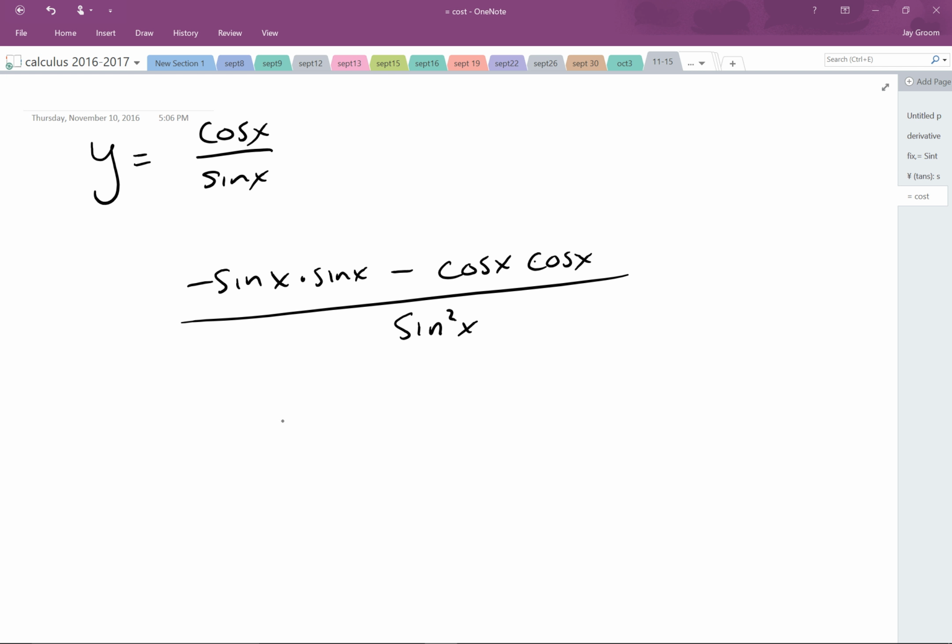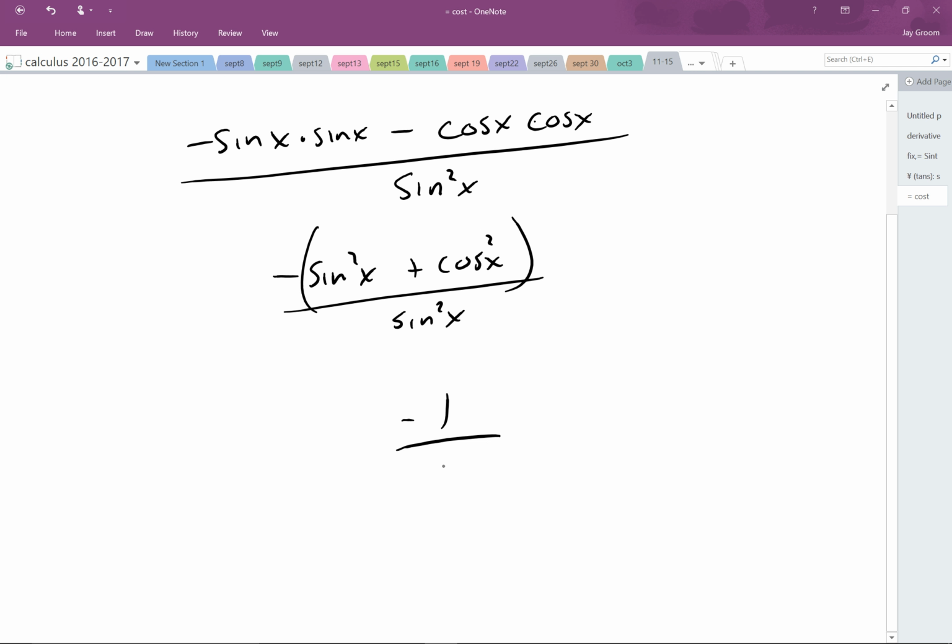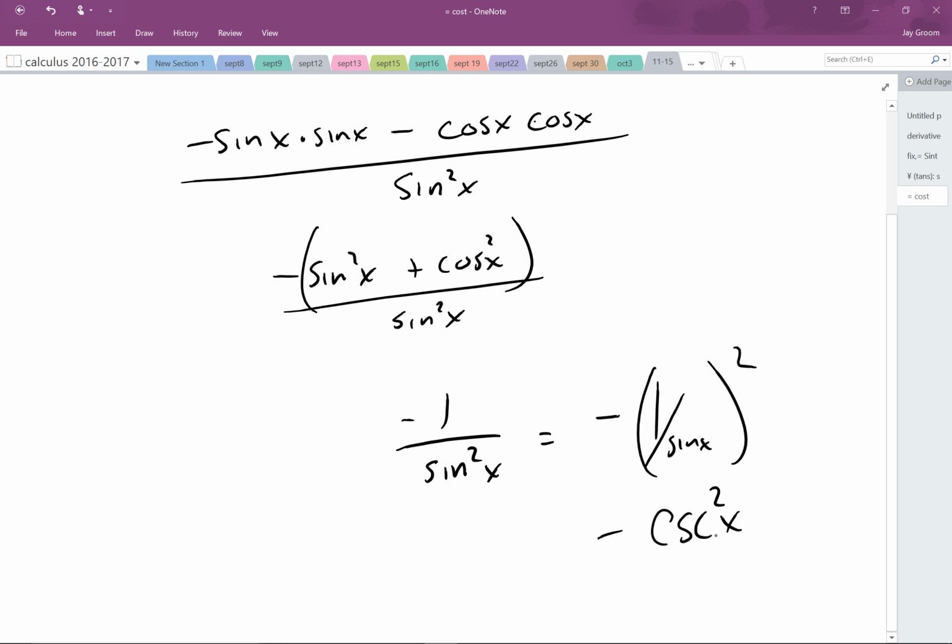Well, this is negative sine squared minus cosine squared over sine squared. Hey, they have a negative in common. Take it out. Well, that's 1 over sine squared, or in other words, negative 1 over sine squared, or negative cosecant squared. And that is what I want you to memorize.